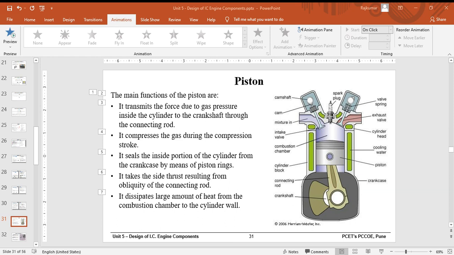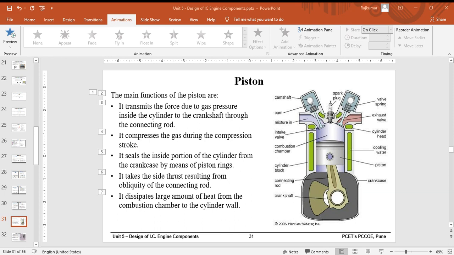The coefficient of thermal expansion of aluminum alloy is approximately twice that of cast iron, and therefore an aluminum alloy piston needs more clearance between the cylinder wall and the piston ring.